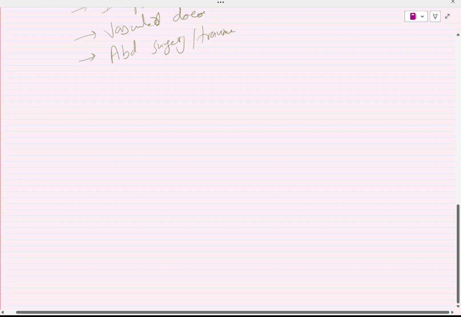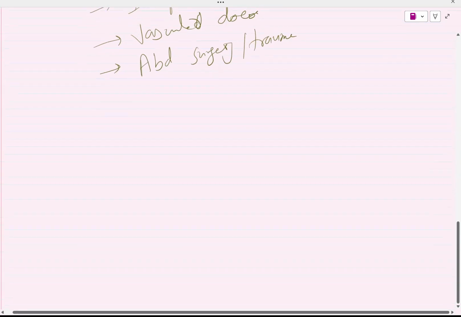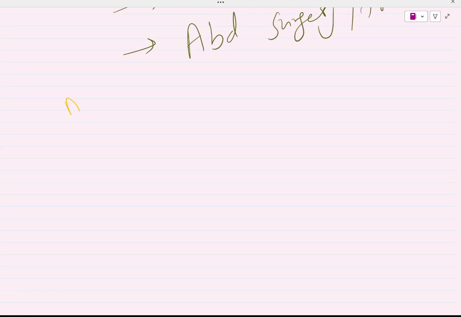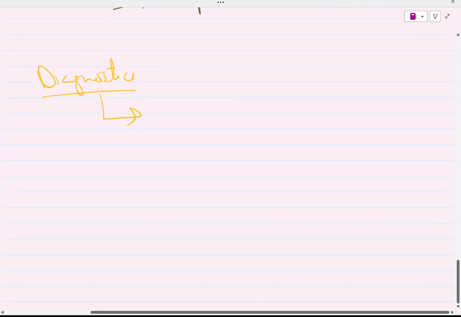So next point is how we are going to approach the diagnosis. Let's use yellow color for this. Diagnosis is based on clinical features, as I already told you.